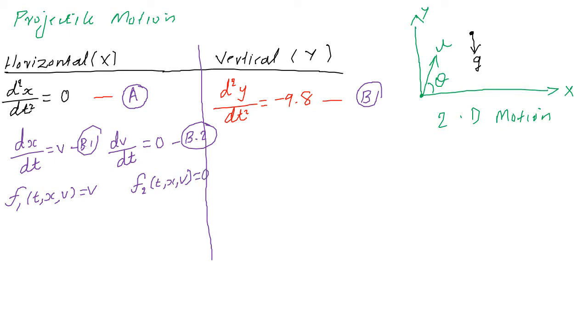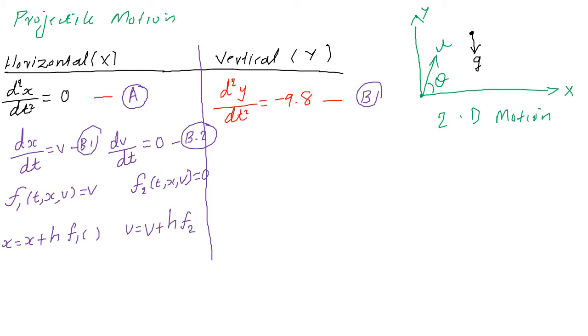So solving this one, you will get the new position x as previous position x plus h into f1 of these parameters. And solving the second equation, you will get the new velocity v as previous value of velocity plus h into f2.